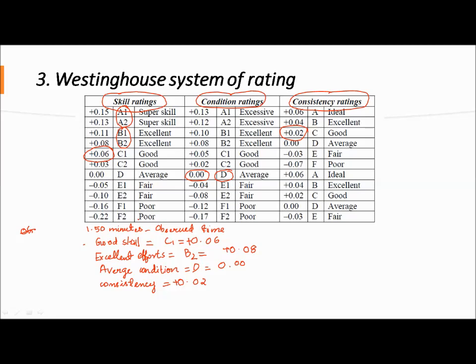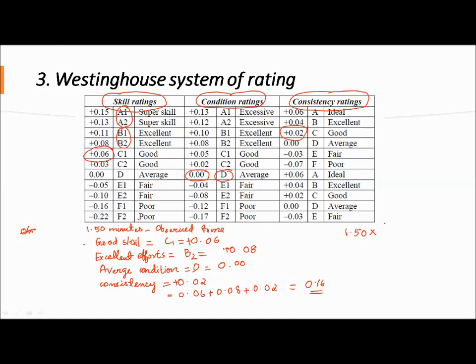So after summing up, you will get 0.06 plus 0.08 plus 0.02, so that will be around 0.16, right? So you got the total rating value, and you have an observed time of 1.50.